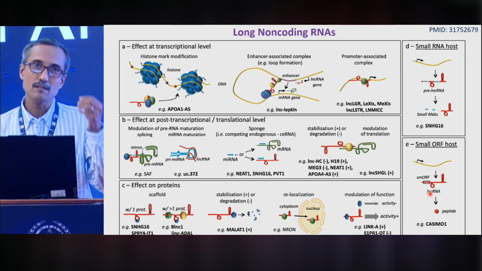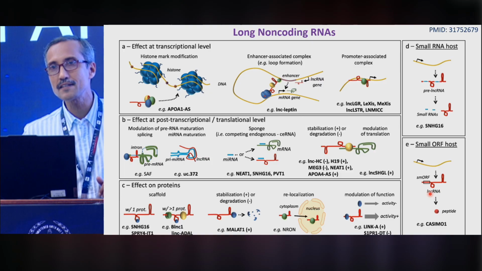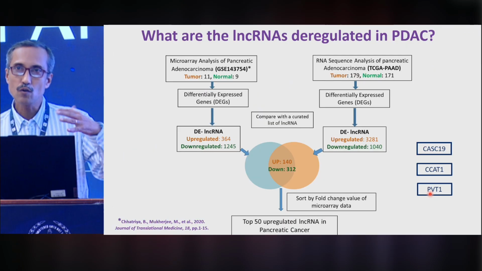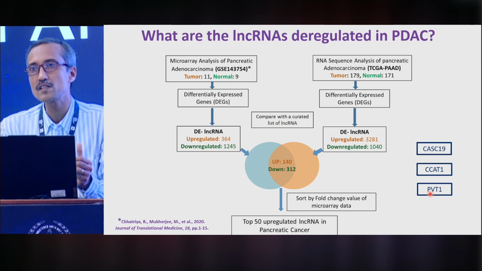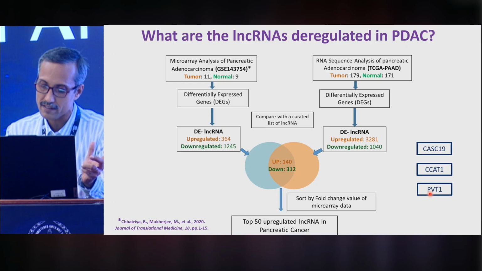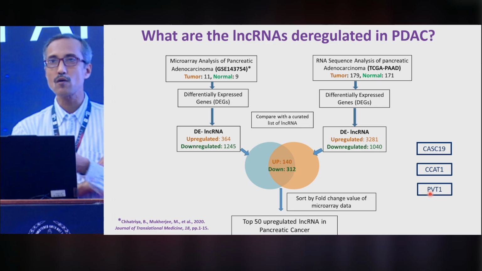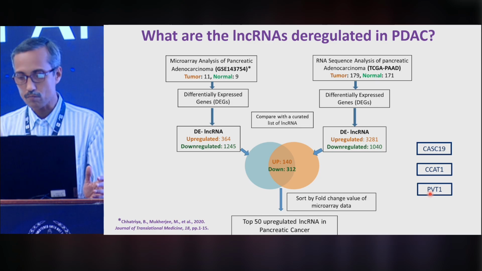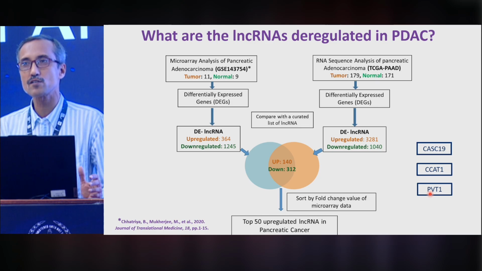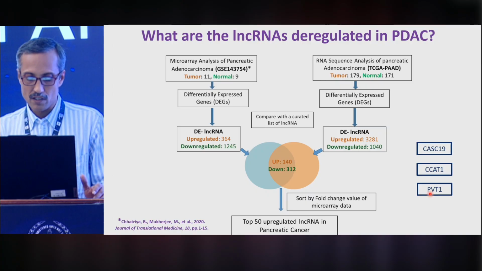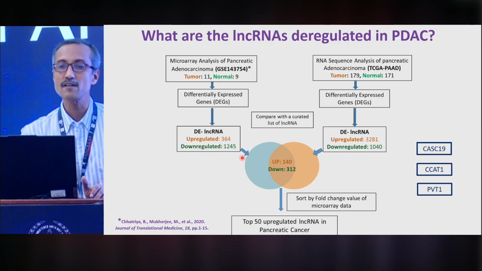So despite discrete candidate long non-coding RNAs, not much was known about the global changes of long non-coding RNAs in pancreatic cancer. We performed a microarray analysis of adjacent normal pancreatic tissues and pancreatic cancer tissues, and derived a set of deregulated long non-coding RNAs, both upregulated and downregulated.